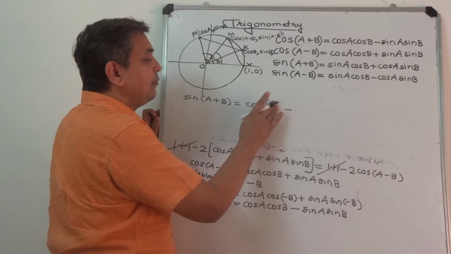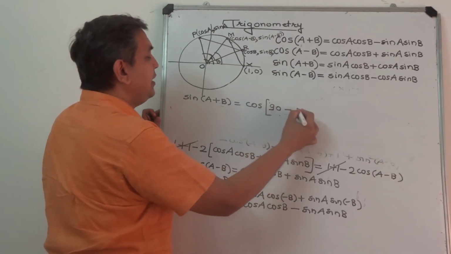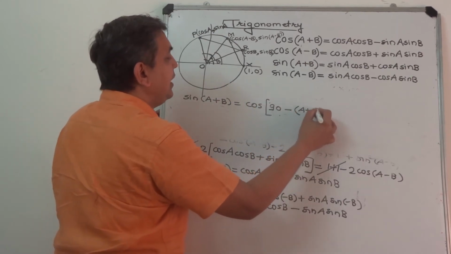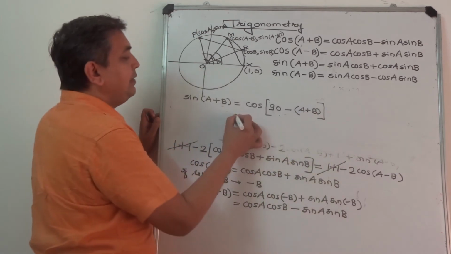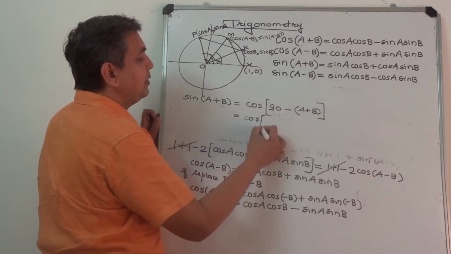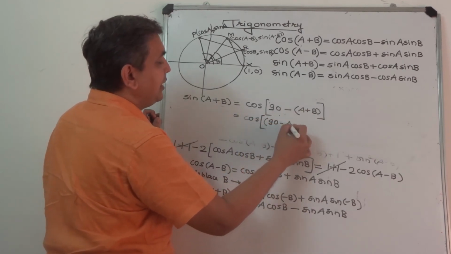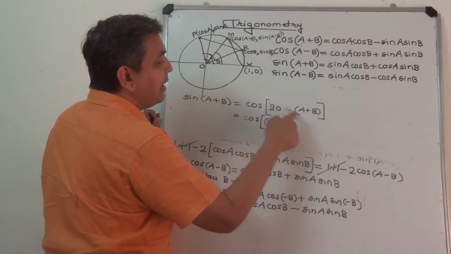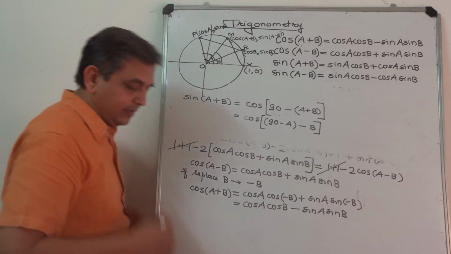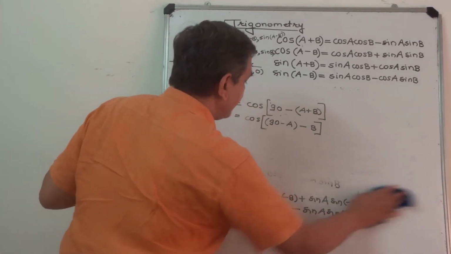So for your understanding let me write it cos 90 minus, and in place of theta we write A plus B here. We make a small adjustment, we write this as cos of 90 minus A, we take it together, and then we write minus of B separate. So what do we get? Cos of 90 minus A minus B.